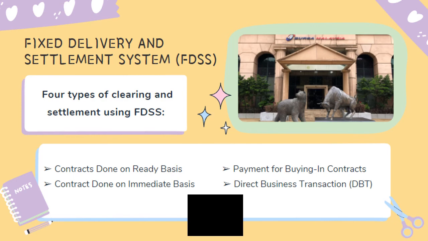But basically you must know that there are 4 types of clearing and settlement using FDSS: contract done on ready basis, contract done on immediate basis, payment for buying in contracts, and direct business transaction.